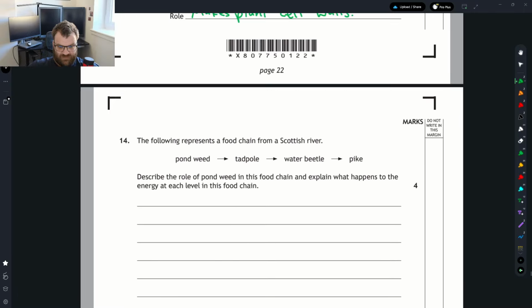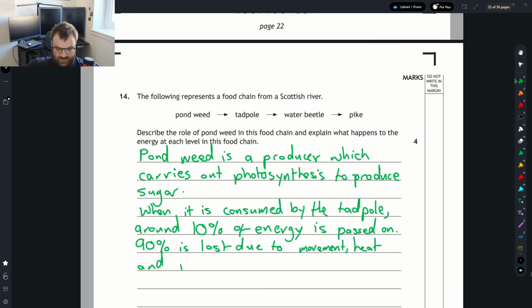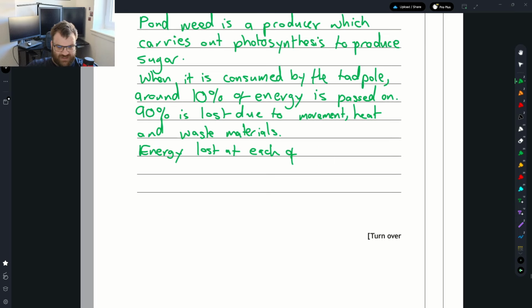That's things like movement, heat, and waste materials. And then energy is lost at each of the next levels, meaning the pike has a lot less energy available for growth. Hopefully that would pick up all the marks there.